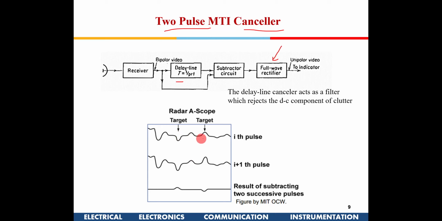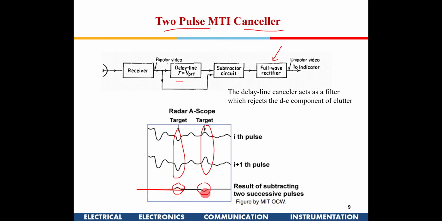So if this is the first signal and this is the second signal, here we have a moving target, here also we have a moving target, but these are the echoes coming from the stationary targets. If you subtract after a delay, all these get cancelled. Only in those places where you have a moving target, they don't get cancelled totally, because they are time varying signals.